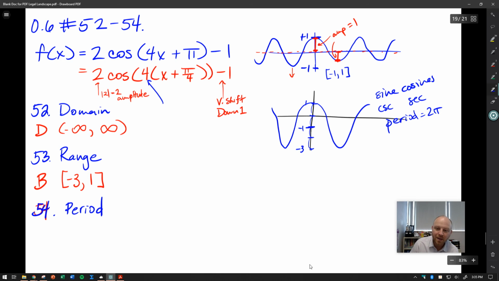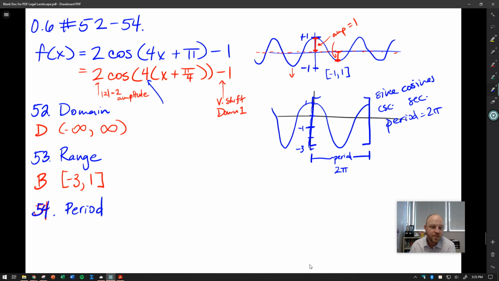And what we mean by period is the amount of space on the x-axis that it takes to complete 1 full cycle of that sinusoidal wave. And in this case, it's 2 pi. It's the same for the sine, cosine, cosecant, and secant.